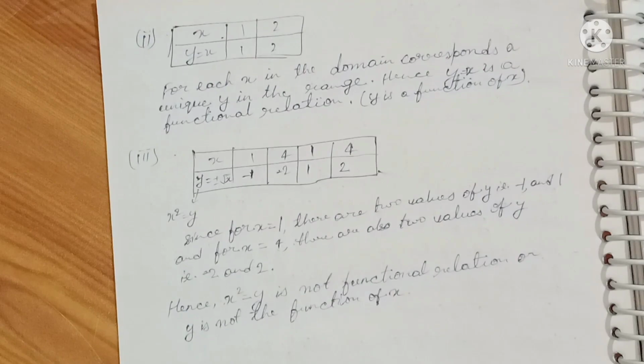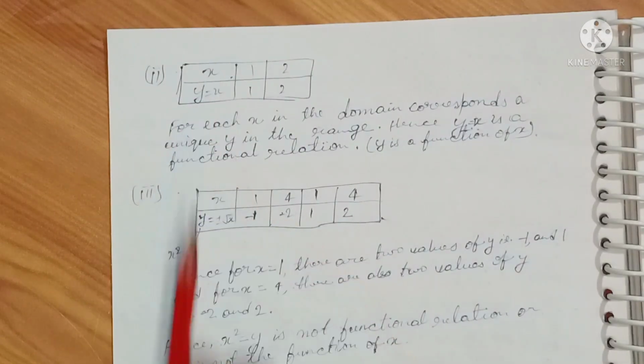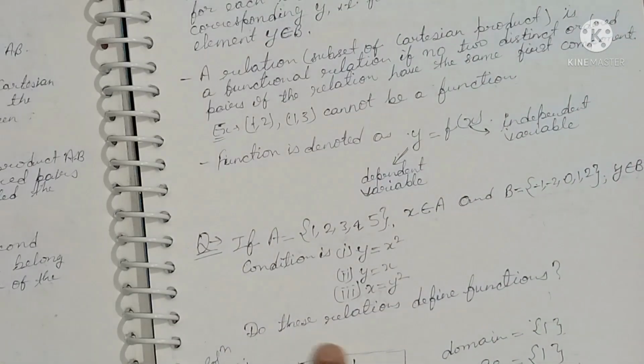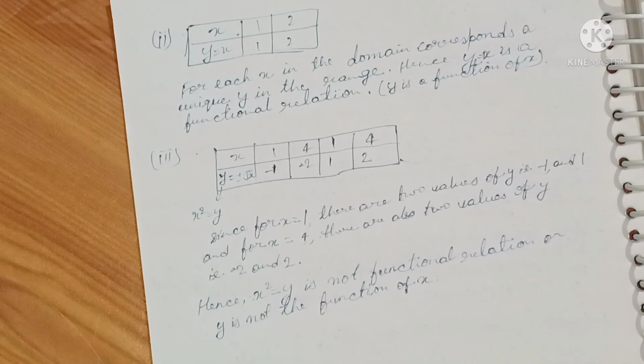Okay, in the same way the second condition is given, y equals x. Here you can see the second relation, it is y equals x. So now we have to see whether y equals x is a function or not.